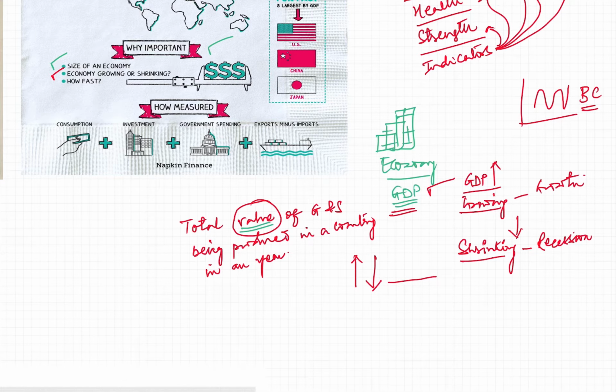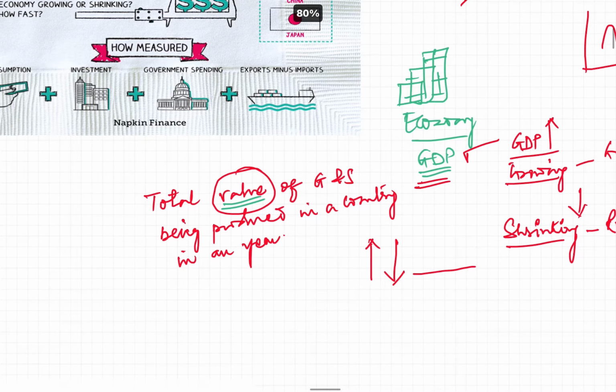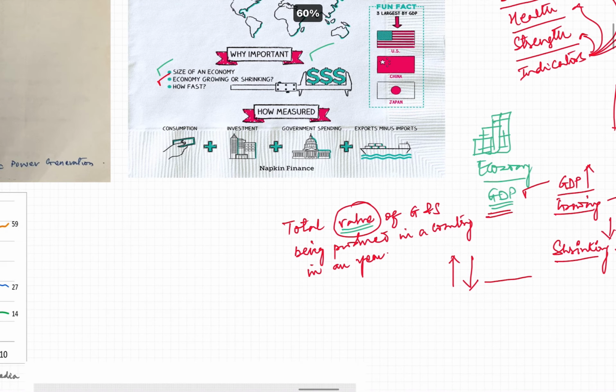We keep on hearing these words, right? Now, GDP reflects how fast the economy is growing. If it is growing, how fast it is growing; if it is shrinking, how fast it's shrinking.